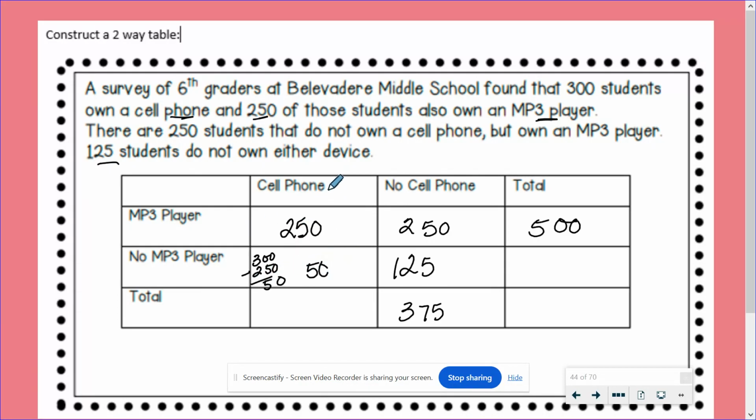So now I know there are 50 that have a cell phone and no MP3 player, which is going to make this category add up to 300. And now that I know that that was 50 and this is 125, that's going to mean that this total is 175. And here's how I can check my answer to make sure I did it right. These two totals should be the same as the sum of these two totals, which is 675.